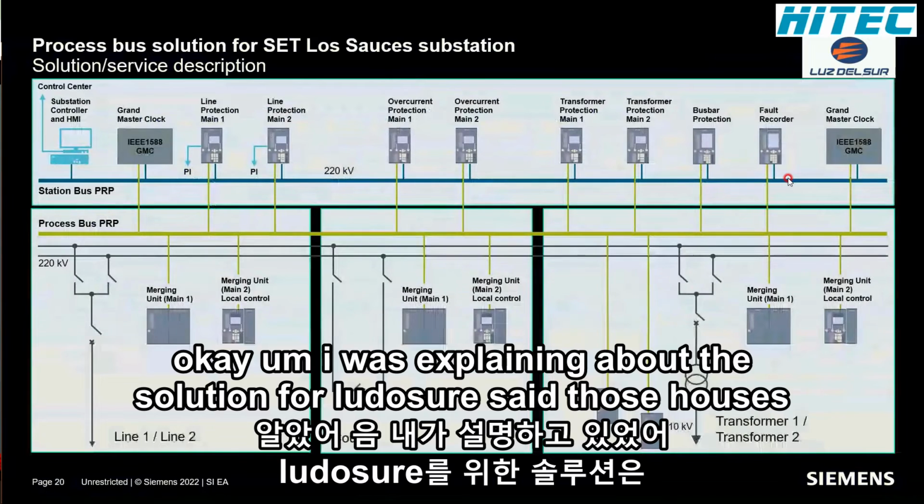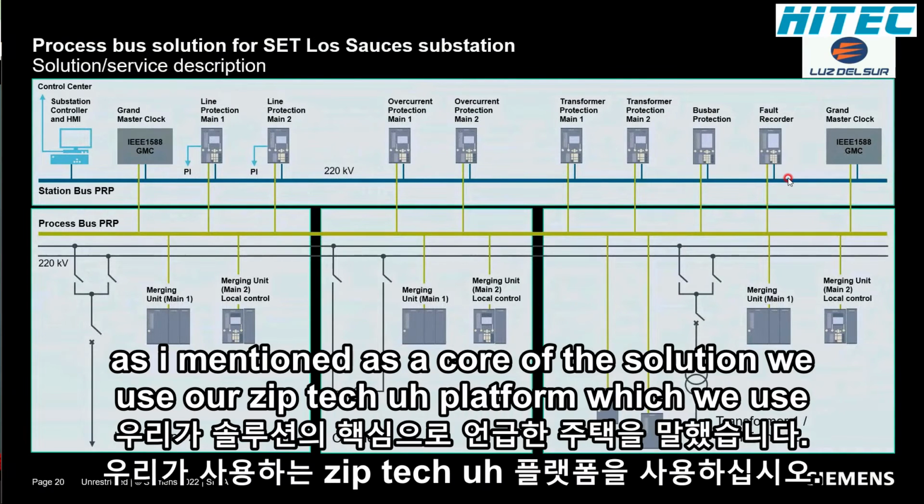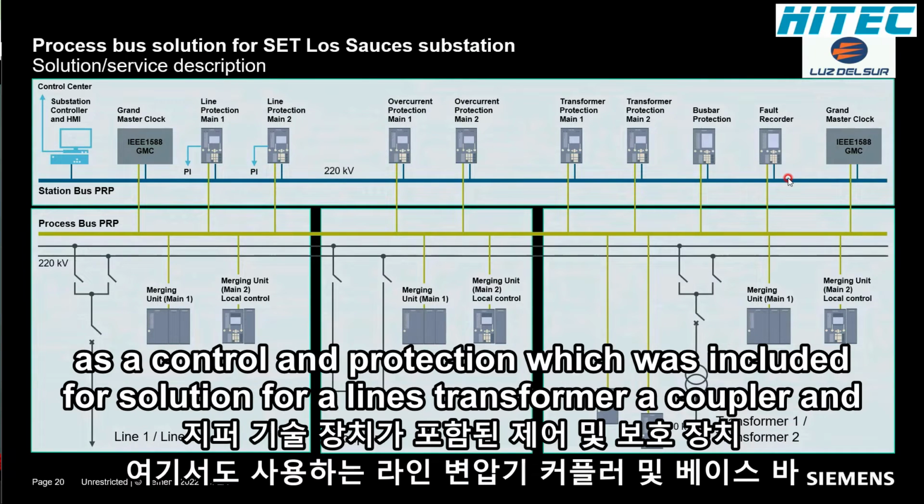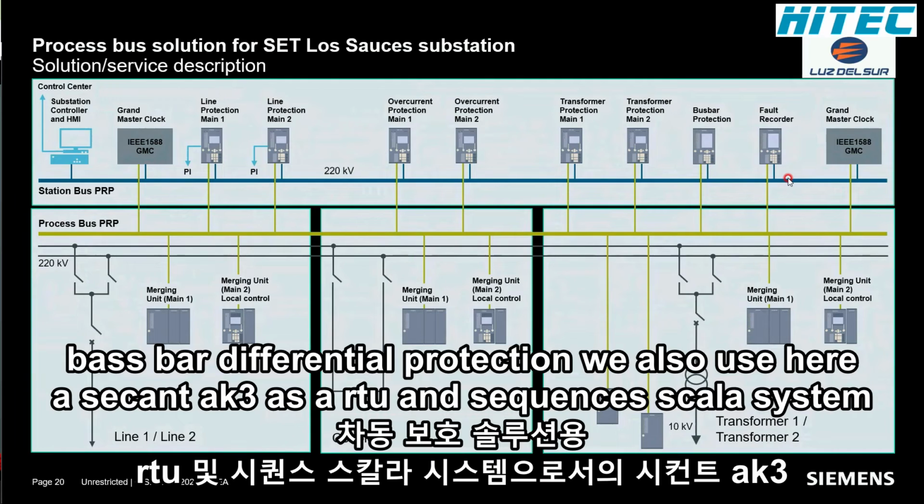I was explaining about the solution for Luz del Sur Set Los Olivos. As I mentioned, as a core of the solution, we use our SIPROTEC 5 platform, with the devices 6MU85. We supplied 14 devices as merging units and several SIPROTEC devices for control and protection, which included solutions for lines, transformer, coupler, and busbar differential protection.